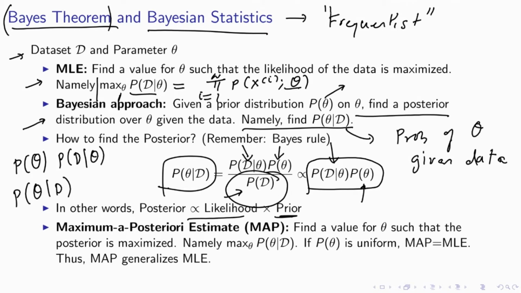Okay, so that's what the Bayesian approach is. Instead of computing the likelihood, what you're trying to do is compute the posterior over your parameter given the data. Okay, so you have access to the prior and you have access to the likelihood. You multiply the likelihood with the prior and you get the posterior.